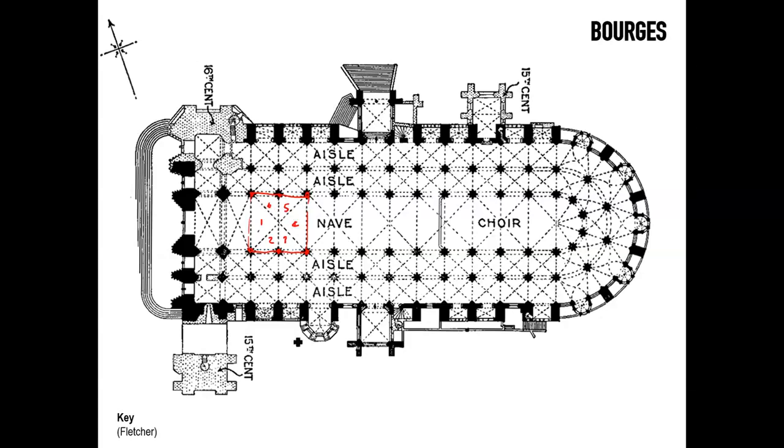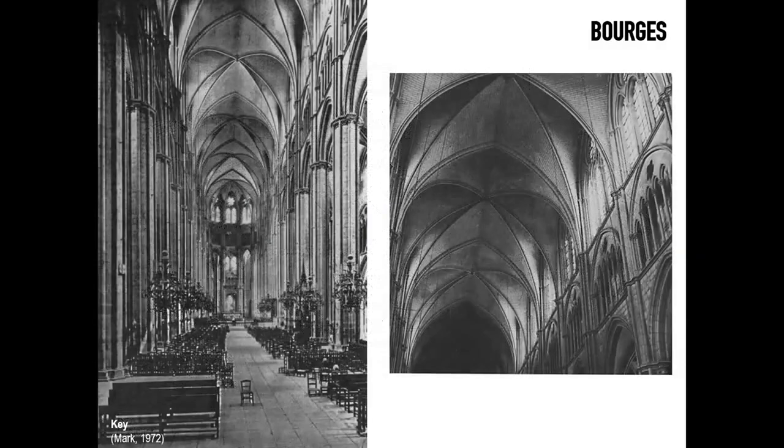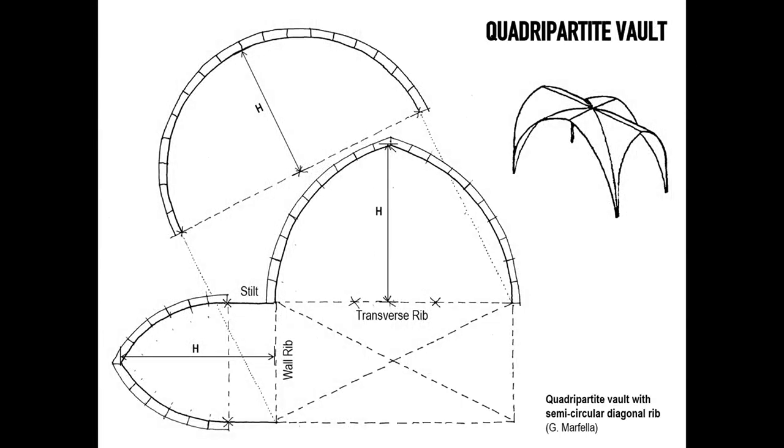And so here are the 6 webs of surfaces that define the vault. Here are some views of this wonderful cathedral, still extant and almost as it was built in those days. And you can see here the partitions in 6 parts.